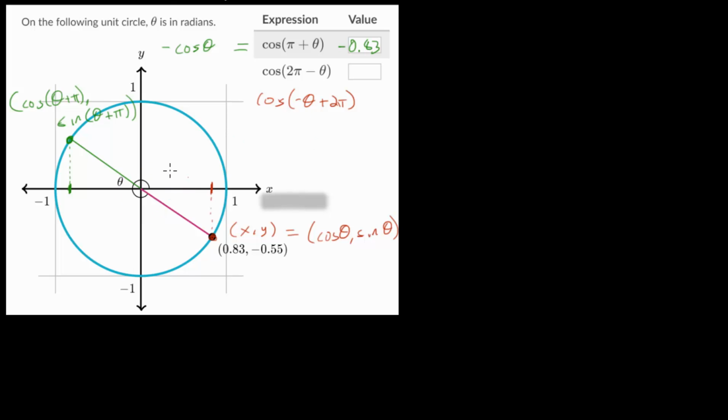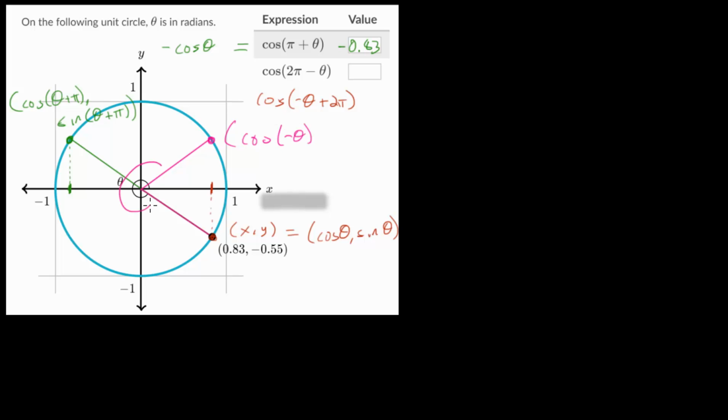And one way to tell you're doing this correctly is that it should end up on a ray right about here or so, where this angle here and this angle here will be equal to each other, meaning that cosine of negative theta should be symmetric to the cosine of theta. And we can mark in that this is the cosine of negative theta.